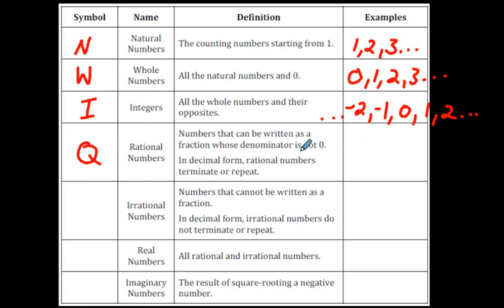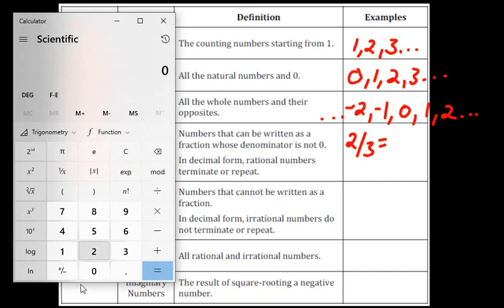Okay, so let's just give you some examples of rational numbers. 2/3 is a rational number. Yes, it says a rational number when it's in decimal form. By the way, if you take your calculator, go 2 divided by 3. Let's do that real quick. 2 divided by 3.